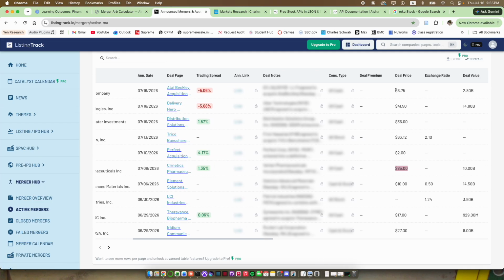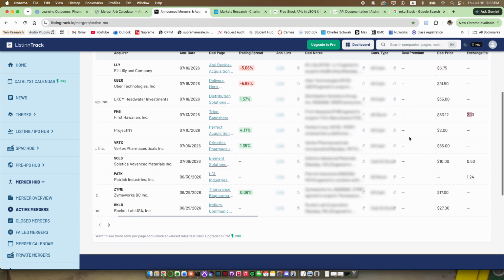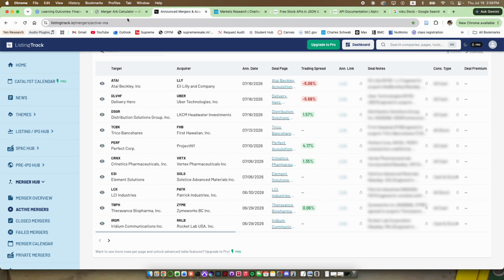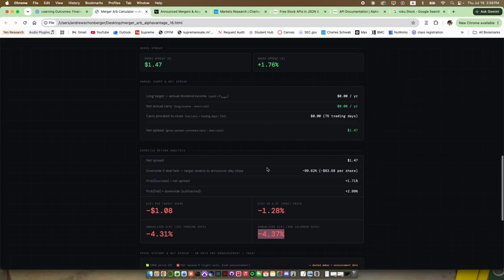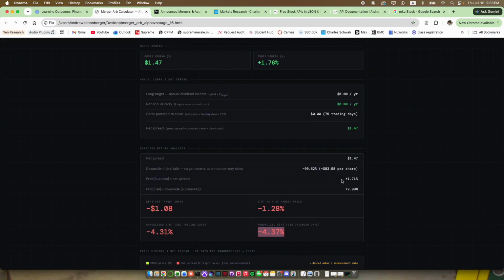So you can see the deal prices, they're going to offer this much cash and then this much stock for each deal. Once you run all of these, you'll get a bunch of different gross spreads and net spreads for the deals.